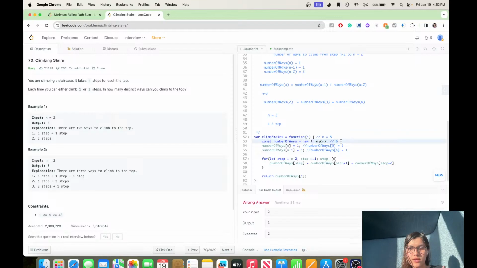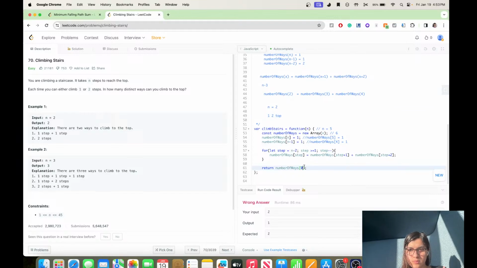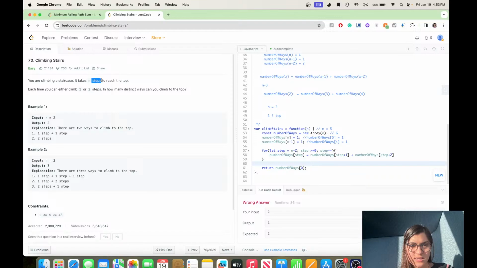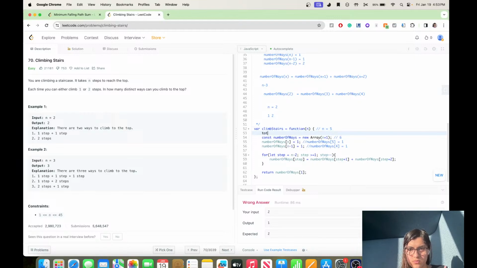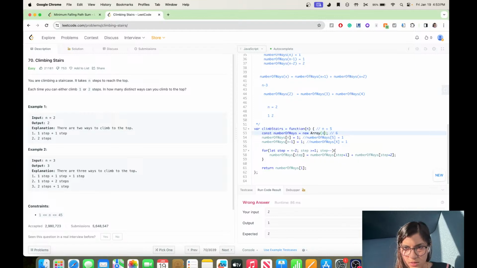again, let's put that new array is equal to n. Because I thought that n is the total number of steps, but no, it looks like n is not the total number of steps.